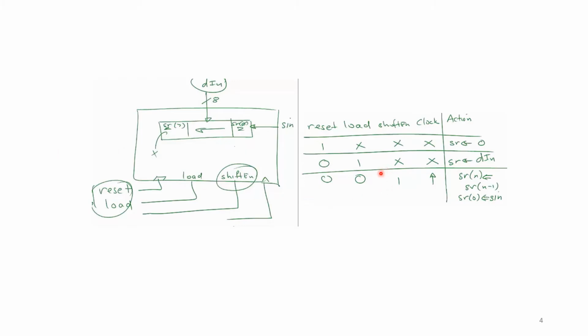So you can say SRN to SRN minus 1. Also SR0 gets S in. So what does it mean actually? Just look here. Your SR0 is going to SR1, right?